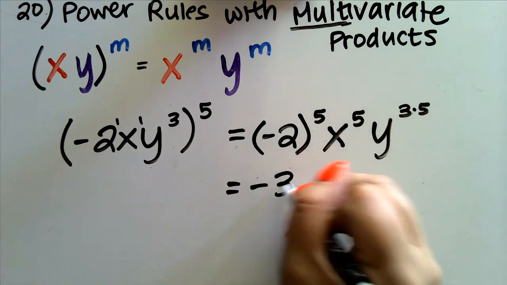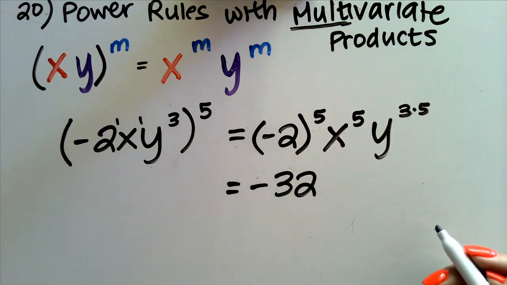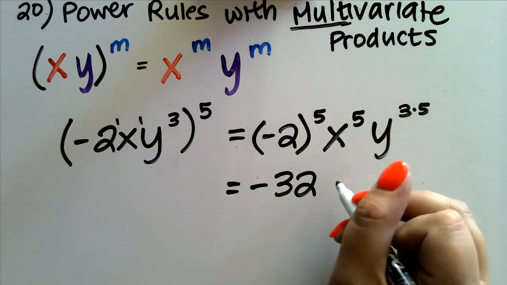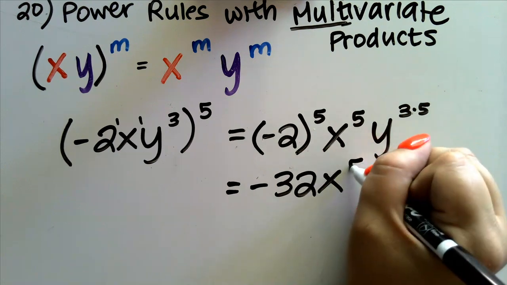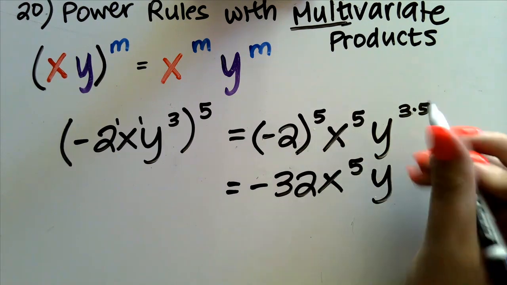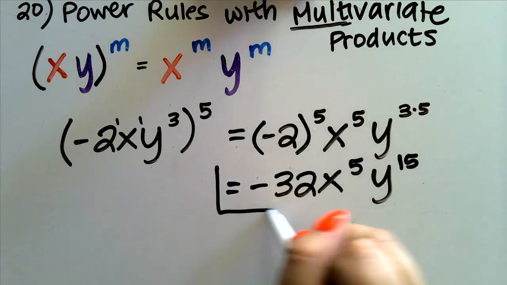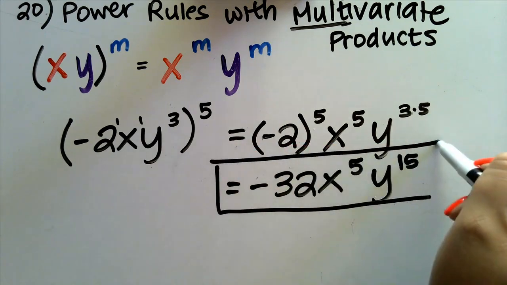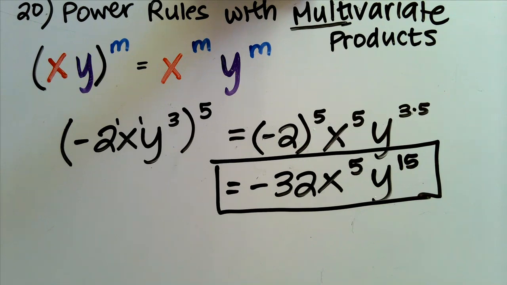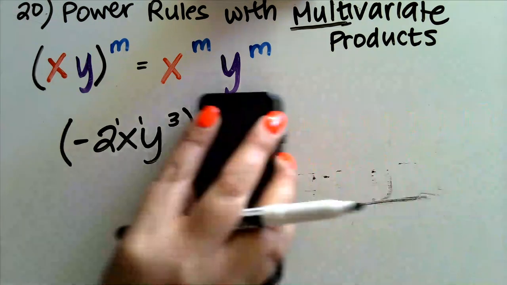And I know that negative 2 to the fifth power is negative 32, and then x to the fifth, and then y, 3 times 5, is 15. And there we have it. Negative 2xy to the third to the fifth power is equal to negative 32 x to the fifth, y to the 15th. Awesome. Let's go ahead and do one more example for you guys.